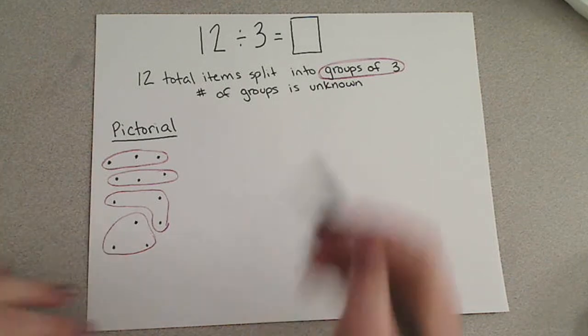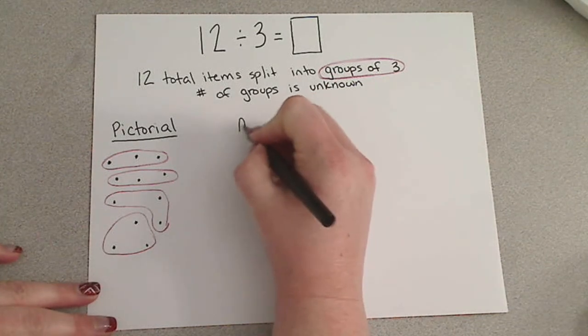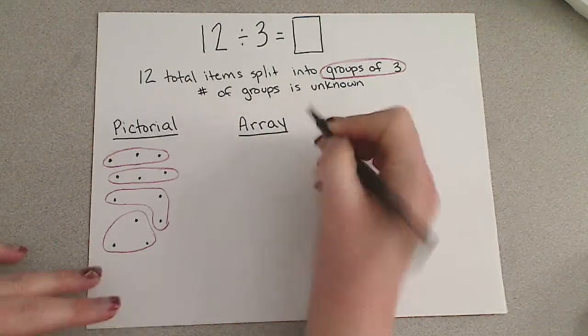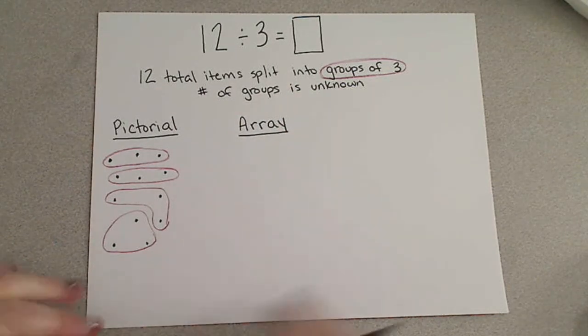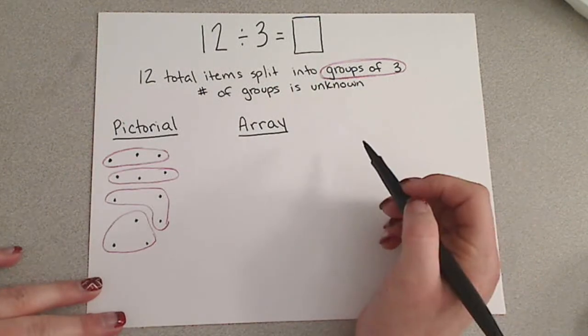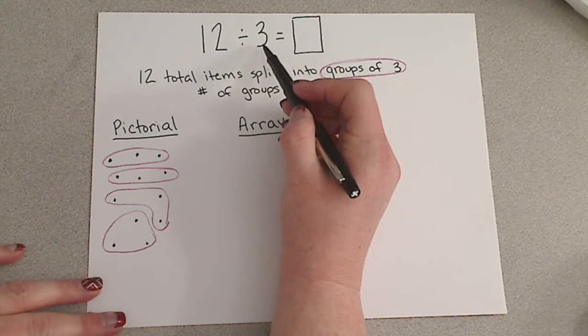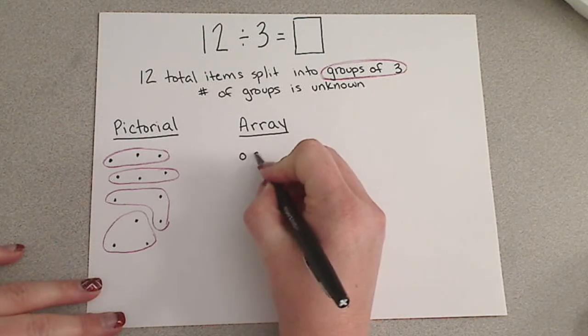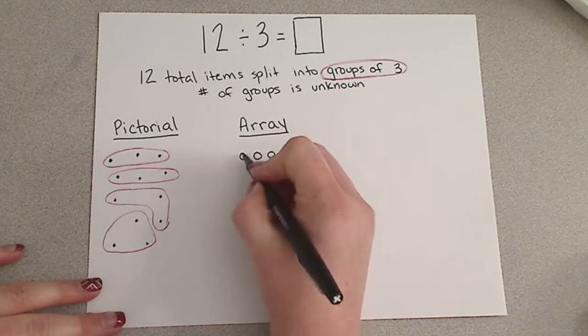So now let's take a look at the array. Now, an easy way for students to do this for division is if they understand that they're going to have 3 in each group. So I'm going to start with 3, and I'm going to say 1, 2, 3.